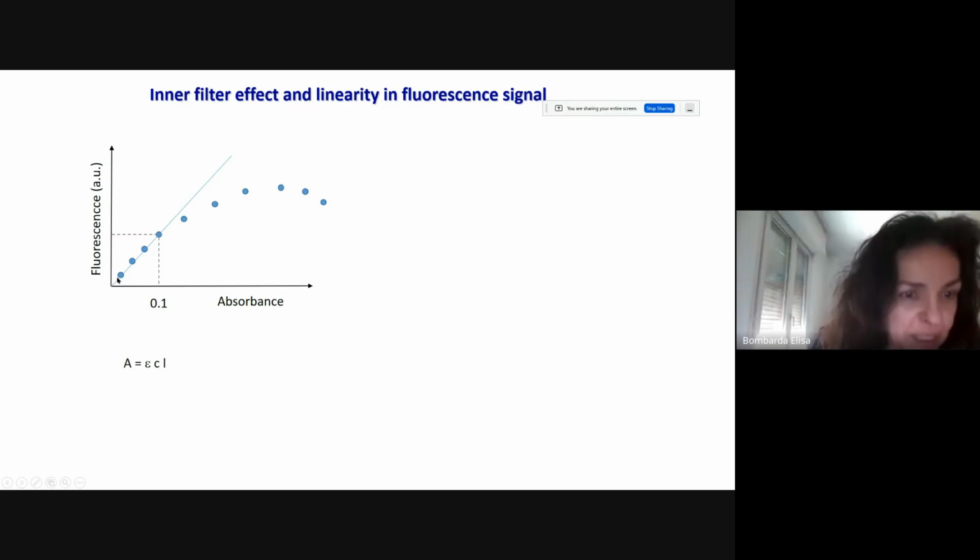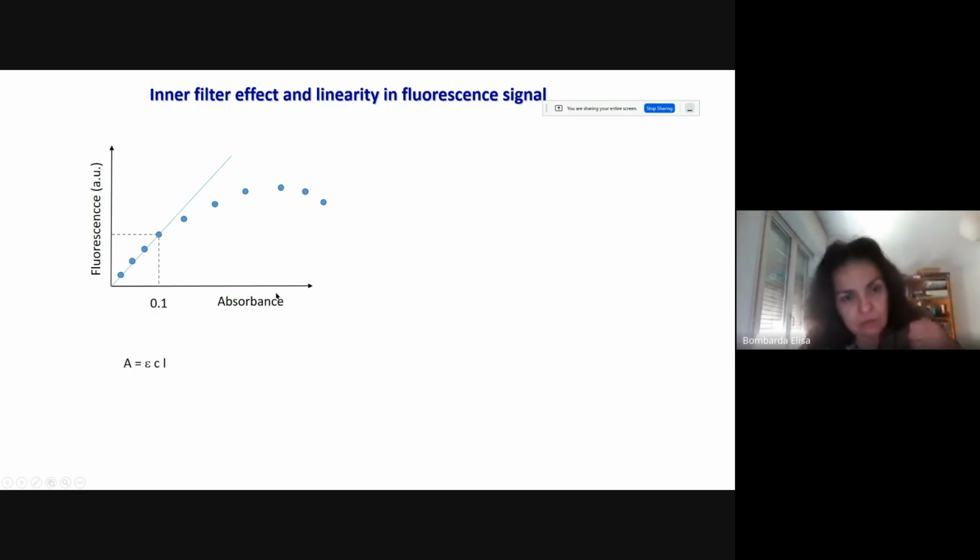Of course, the higher the concentration, the higher the absorbance. And I plot the fluorescence signal as a function of the absorbance.